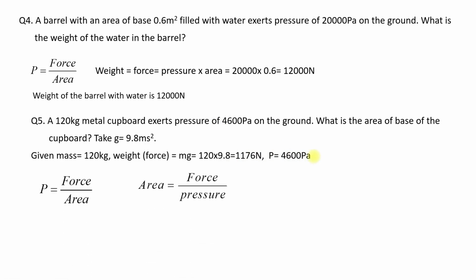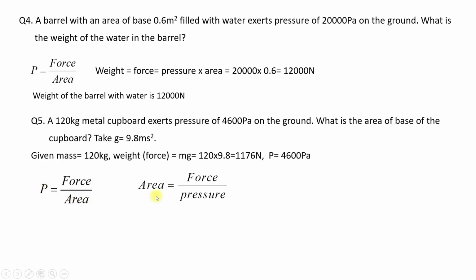Now substituting the weight and pressure in the formula, we have pressure is equal to force over area. Since we are asked to calculate the base area of that cupboard, we need to take area to the other side to make it the subject of the formula.